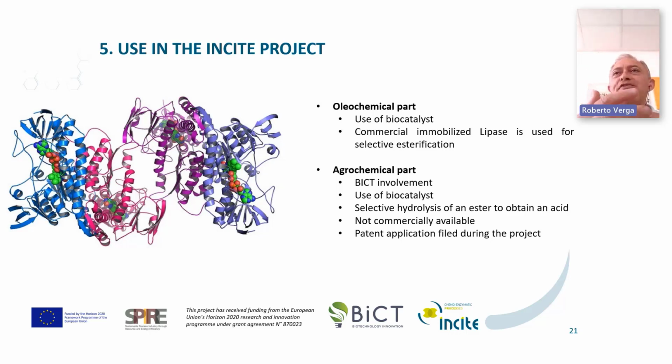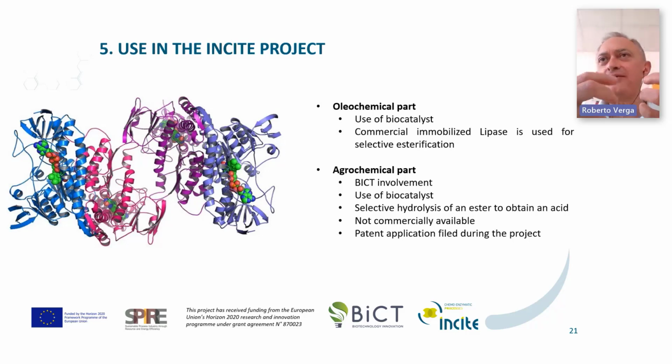With the research, we have modified and improved the enzyme, an esterase in this case, with a very high stereoselectivity, because the particularity is that in this reaction, we have a racemic mixture where we have 4 different enantiomers, but only one is suitable for the reaction, because with this unique one, we can at the end produce an active compound. The others are inactive. The esterase is able to recognize one, ignoring completely the others.